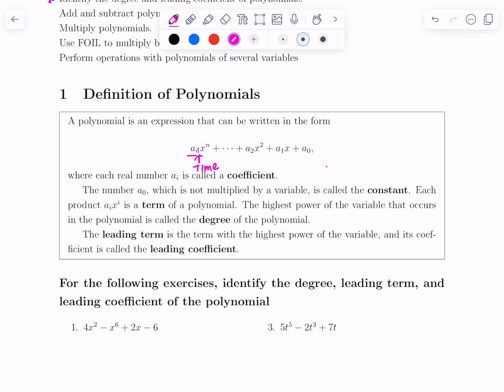So a_n here is a coefficient, a_2 here is a coefficient, a_1 here as well as a_0 here. They are all coefficients, which is the number in front of the x.